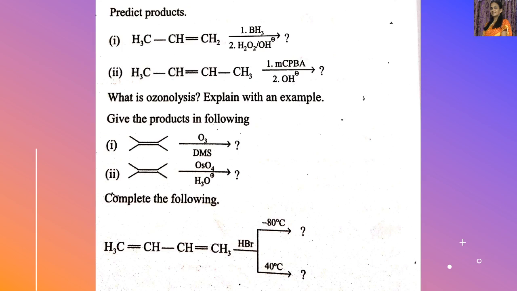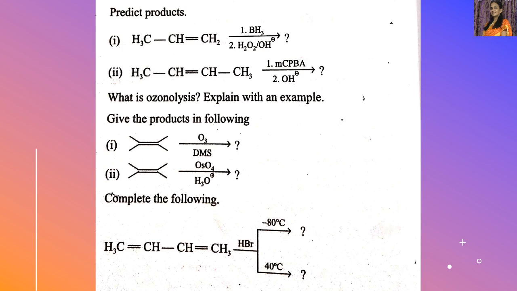And this is nothing but osmium tetroxide. That is, syn hydroxylation takes place here. To this double bond syn hydroxylation takes place, and one OH here, another OH here we get. This is osmium tetroxide, syn hydroxylation.